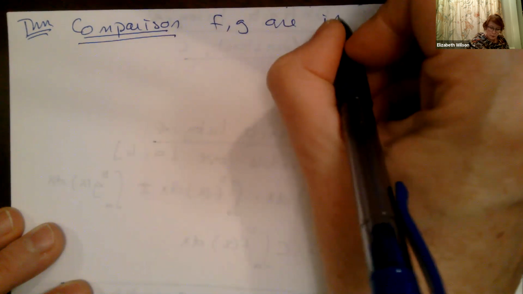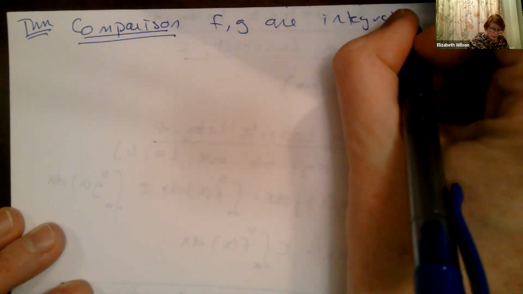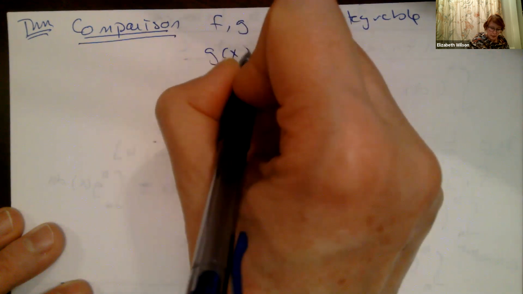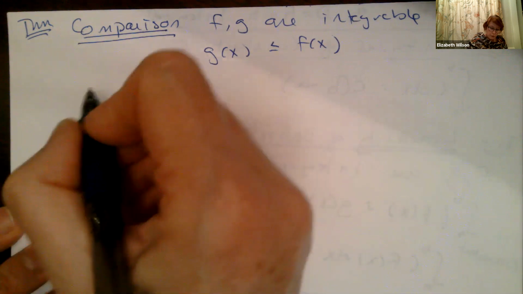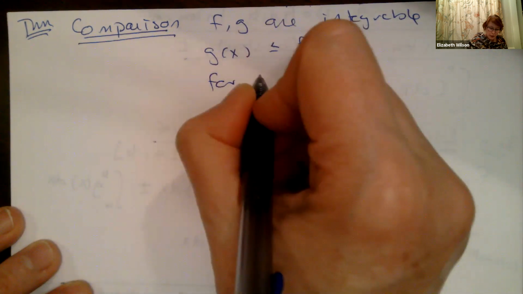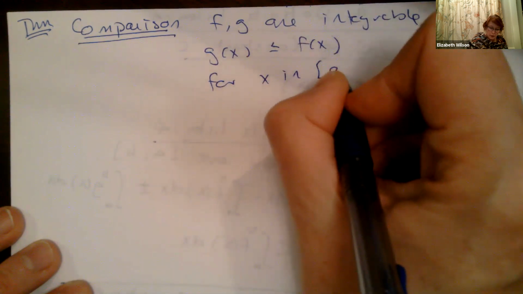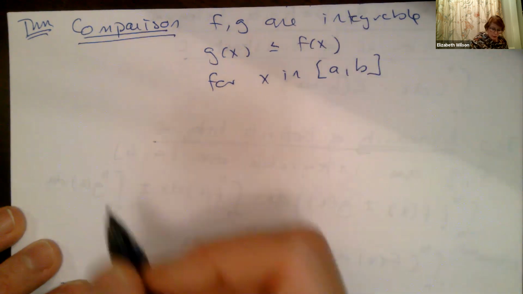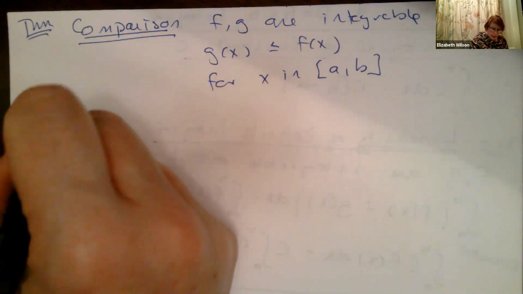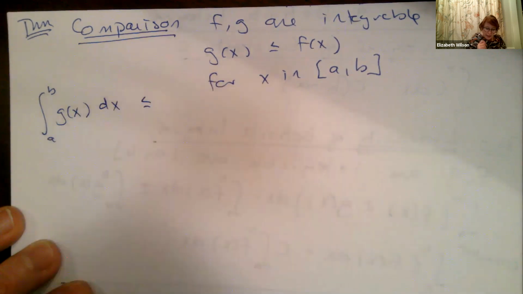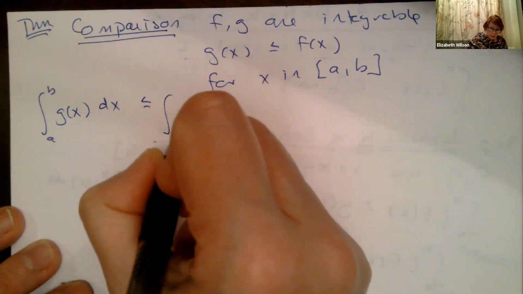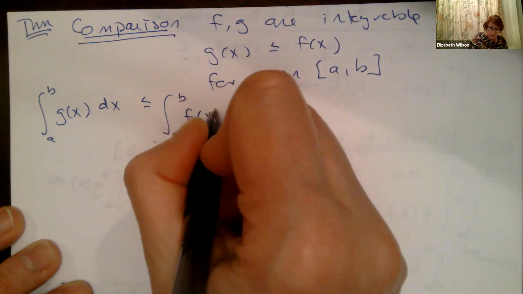So f and g are integrable, and we say g of x is less than or equal to f of x, for x values in our interval a to b. That means when I integrate from a to b of g of x, that area is going to be less than the integral of f of x dx.